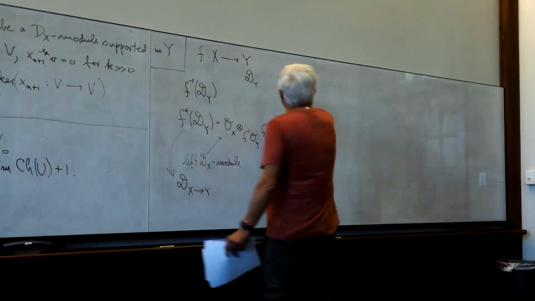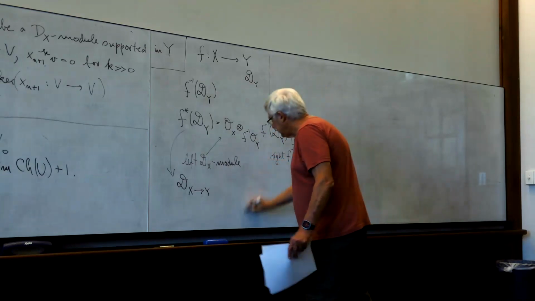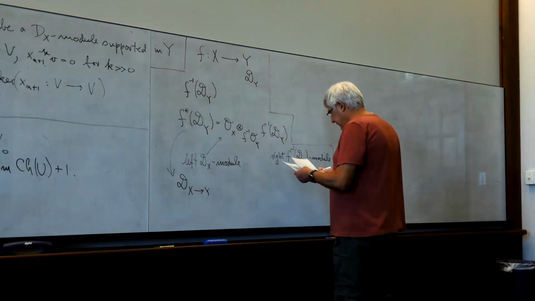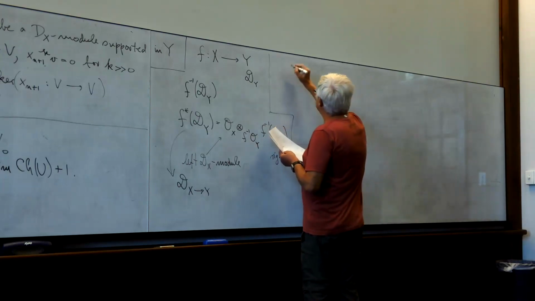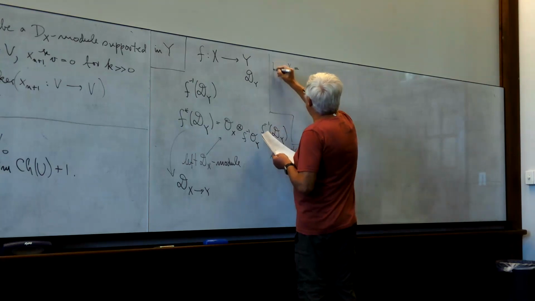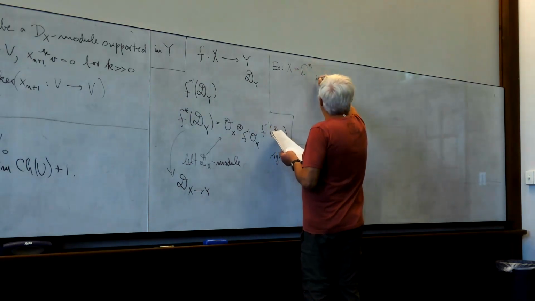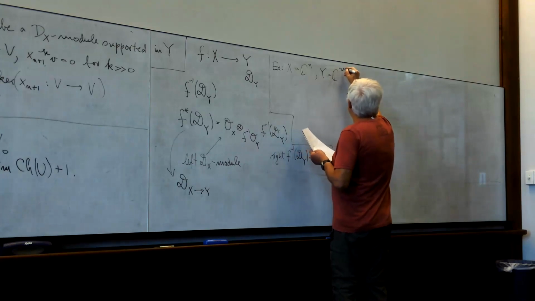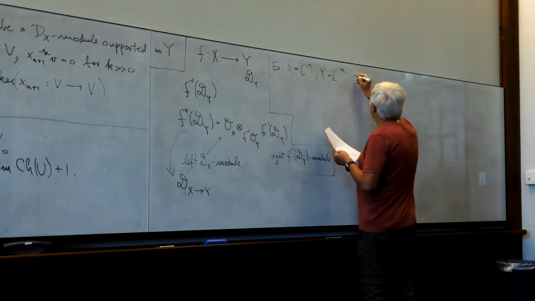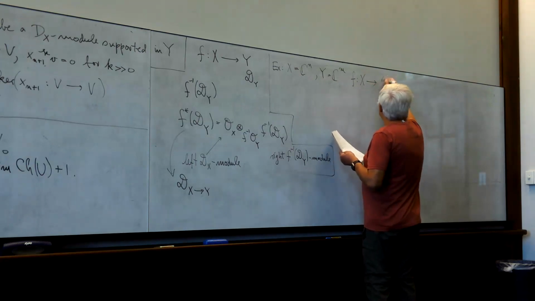So let me just point out this is true in the simple example that you take X to be C^n, Y is C^m, and f is a polynomial map from C^n to C^m.